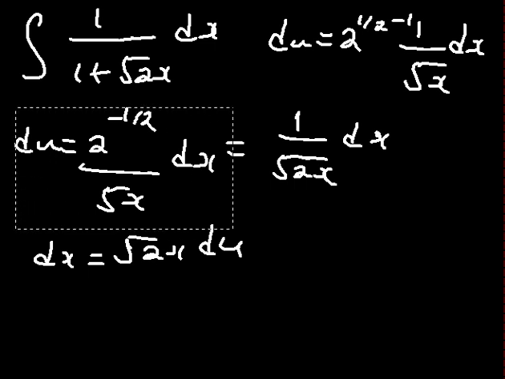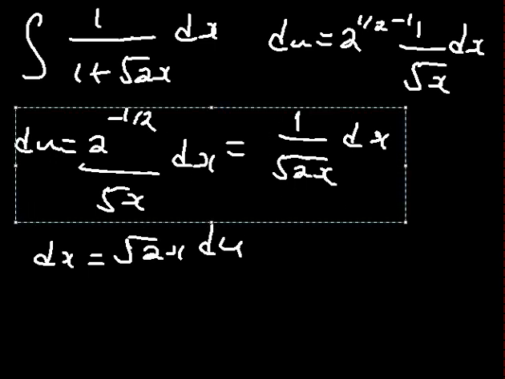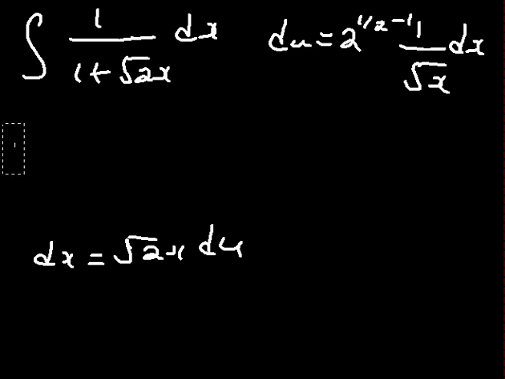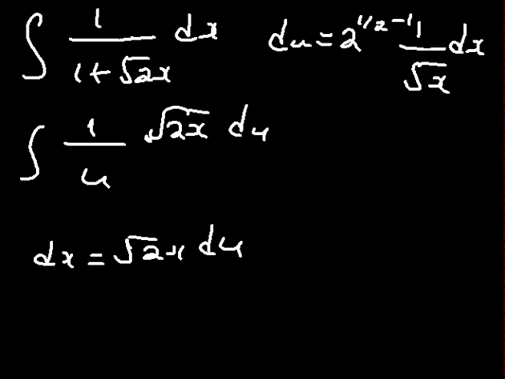Then we have to substitute as far as the U-substitution is concerned, in the sense that we have the integral of 1 over u times dx. Now what is dx? We have it as the square root of 2x times du.